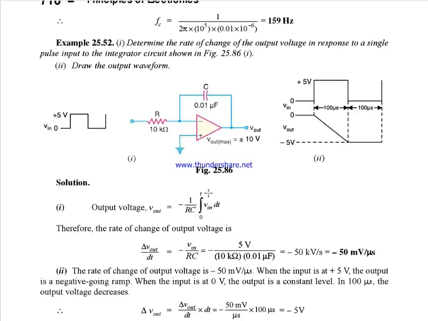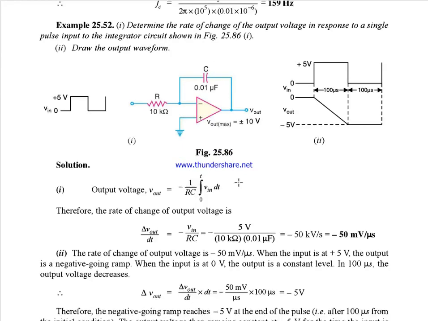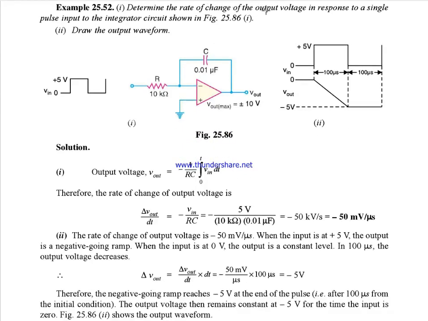Okay. Now look into this example. Determine the rate of change of output voltage in response to a single pulse input to the integrator circuit. That is, you have a single pulse input signal and an integrator. What will be the output? Here the output voltage is minus 1 by RC integral Vi dt.